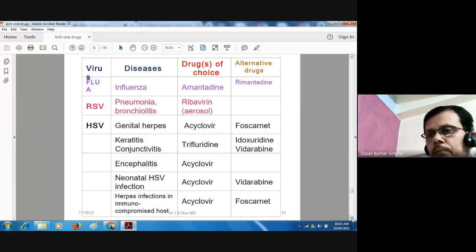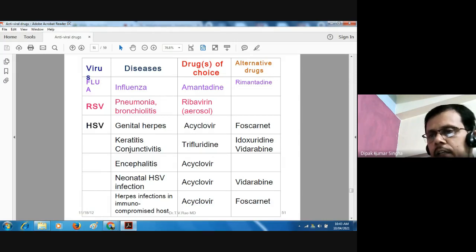So these are the classes of drugs for viral infections. For influenza, the flu virus disease, the drug of choice is amantadine or rimantadine, the alternative drug being rimantadine. RSV, pneumonia, bronchitis: ribavirin. HSV, genital herpes: acyclovir or alternative.